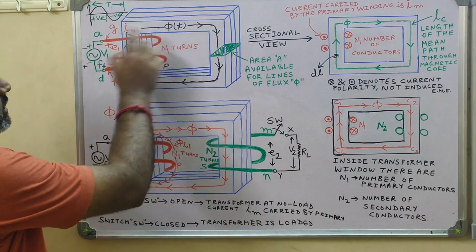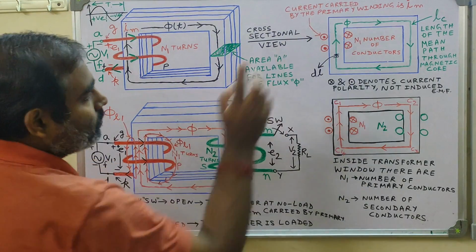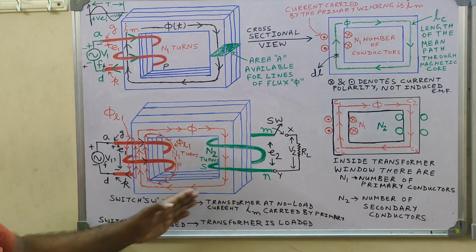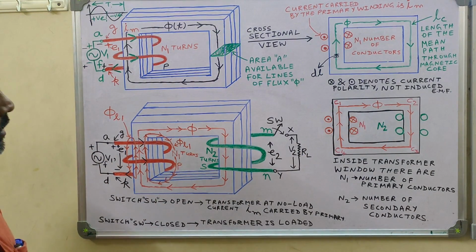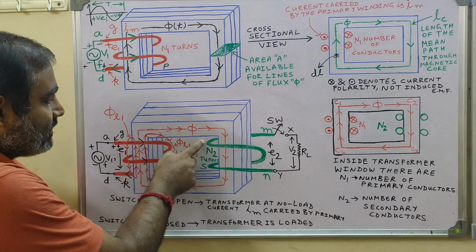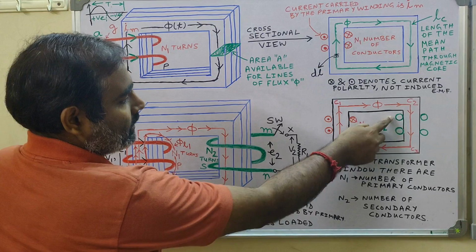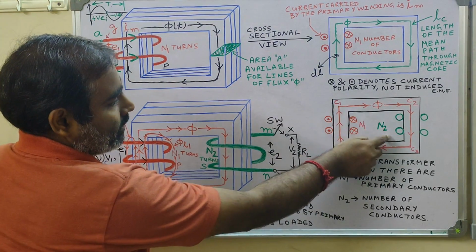If you take the cross-sectional view of this magnetic core of the transformer, you will get this view, and likewise for the other side. You can notice that here the secondary coil was indicated, so there is a conductor belonging to the secondary coil over here.